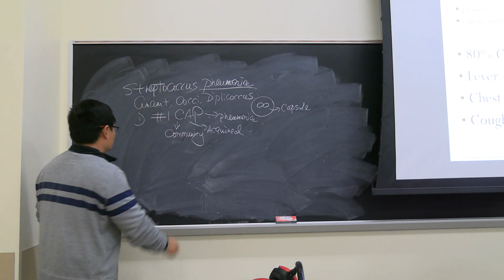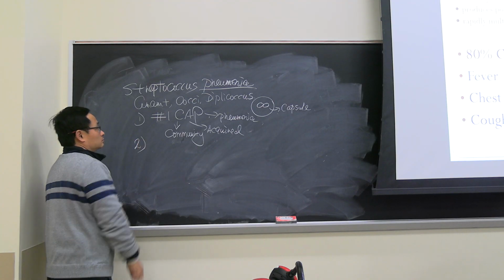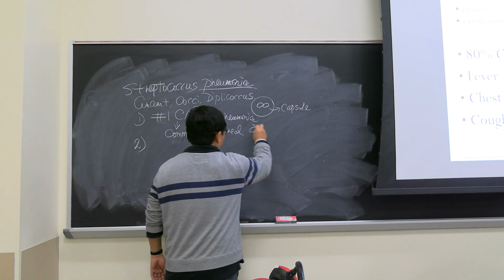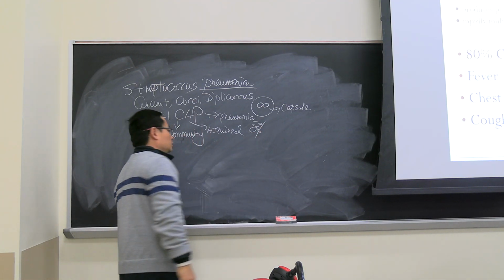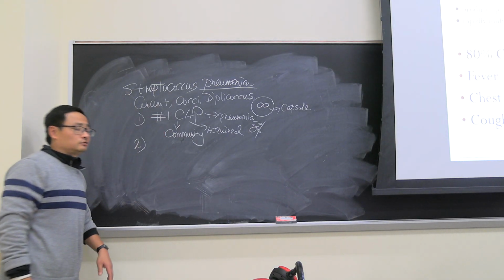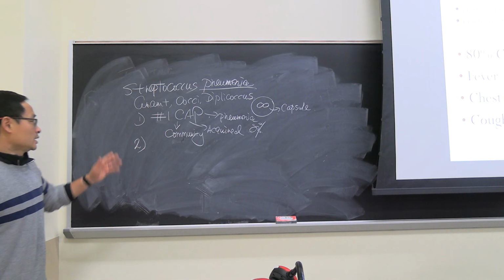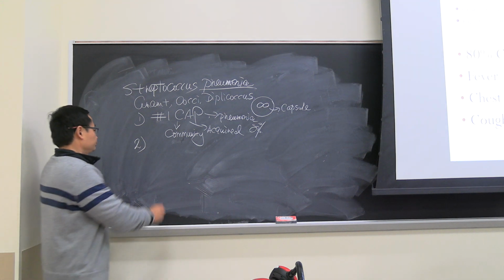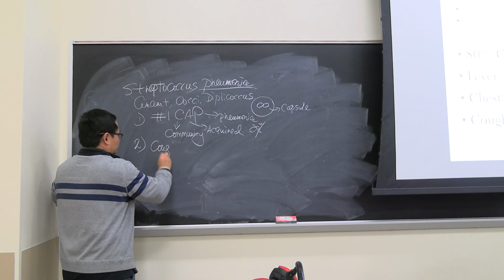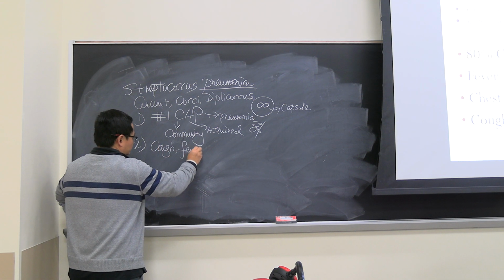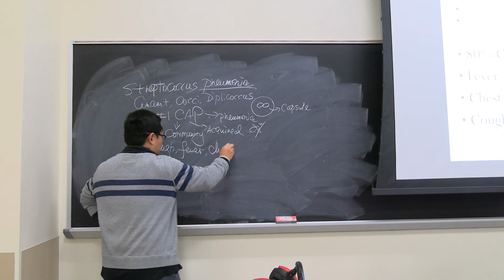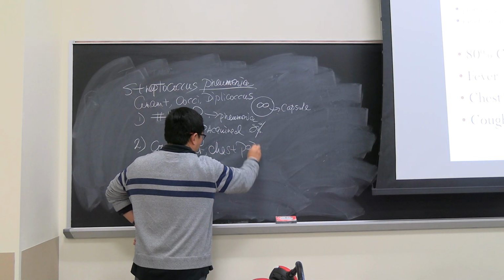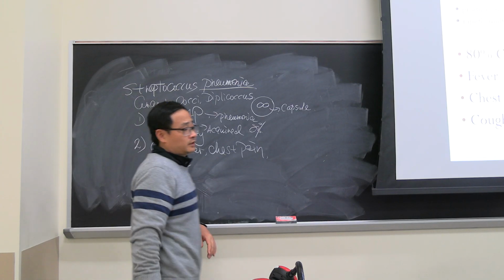And it's responsible for 80%. There are all the other pathogens for the remaining 20%. What are the symptoms? Cough, fever, chest pain. Very typical for pneumonia.